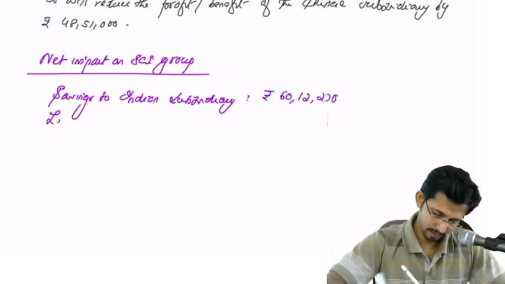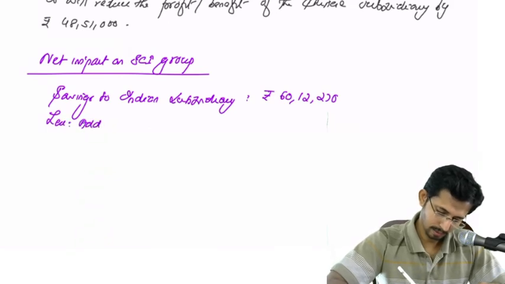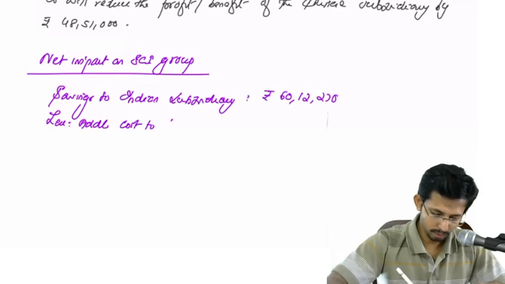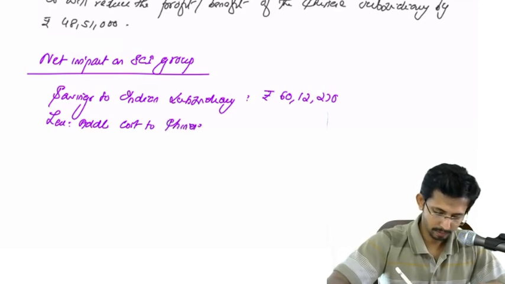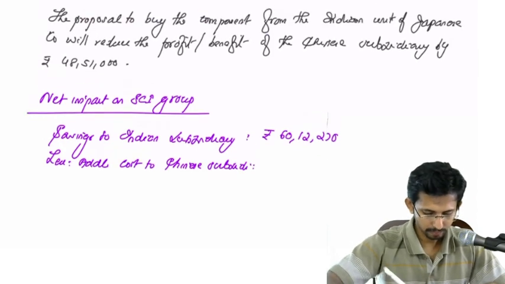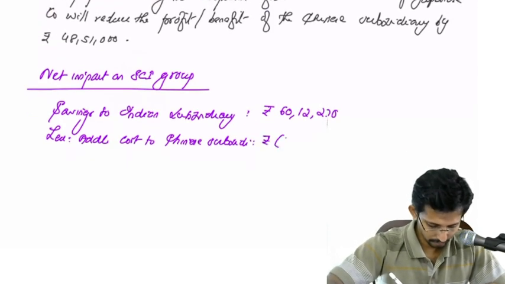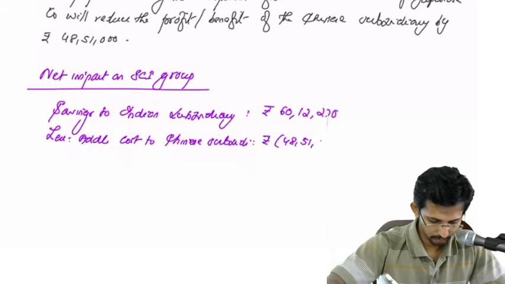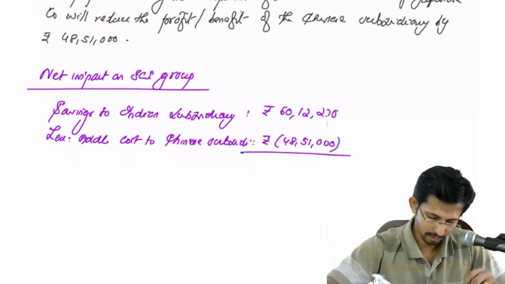Now less additional cost or loss to Chinese subsidiary, 48,51,000.